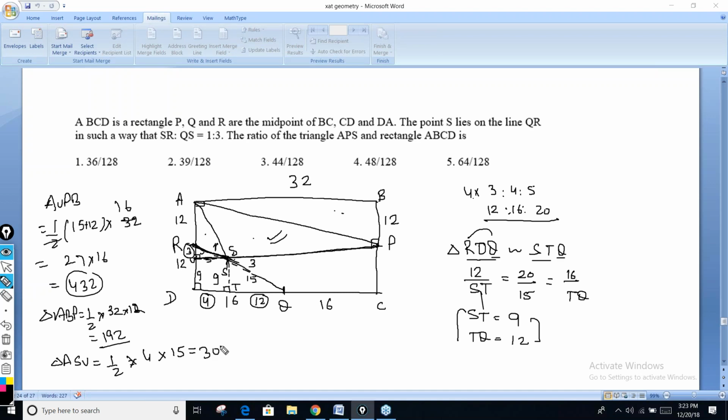So 30. So what is the area of triangle APS? Area of triangle APS is 432 minus 192 minus 30. So that is 432 minus 192 comes out to be 240, 210. That is 210.